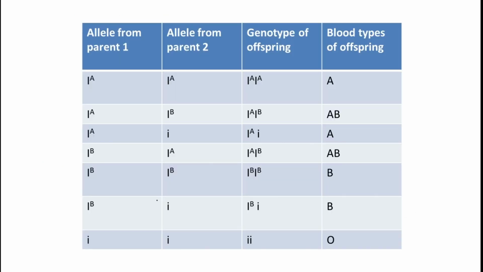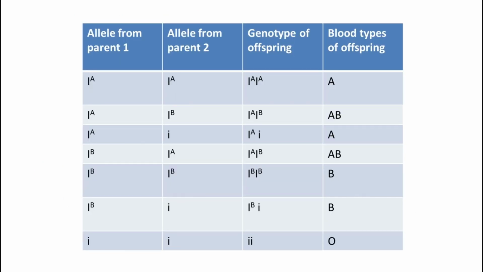Now moving on. Now in this table we can see all the possible outcomes of the three different alleles of gene I. So when both of the parents contain dominant IA allele, the resultant blood group will be A. Whereas in case where one parent contains dominant IA allele and the other contains dominant IB, the resultant blood group will be AB.